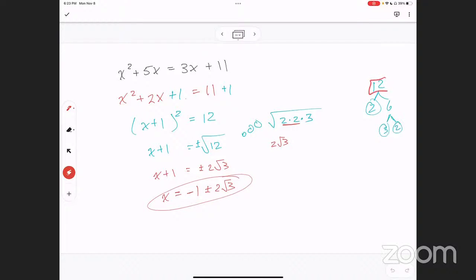So what is 12 equal to as a product of primes? 2 times 2 times 3. See, what you could have also written is 4 times 3. 12 is also 4 times 3. And what's 4? 2 times 2. Oh, okay. Does that make sense? Yeah.